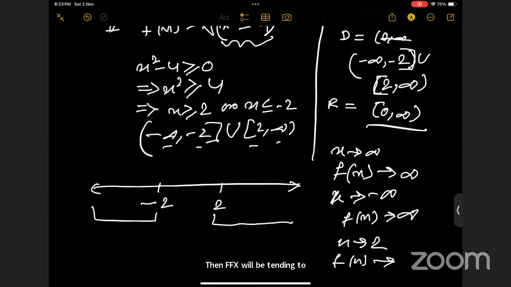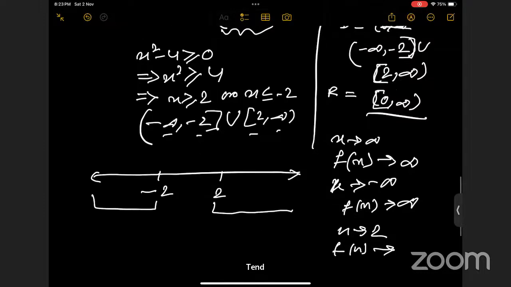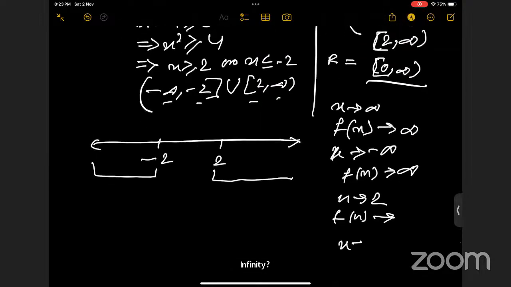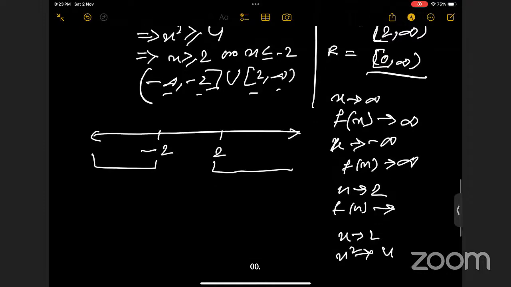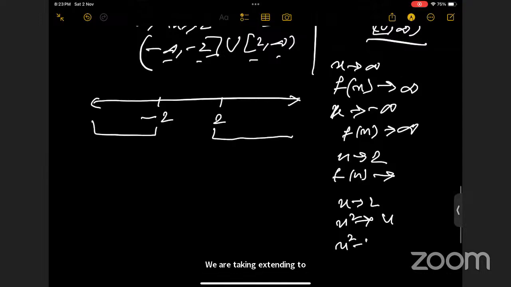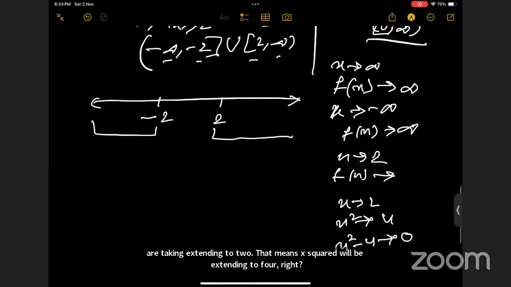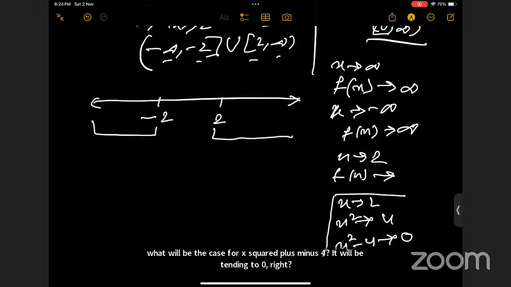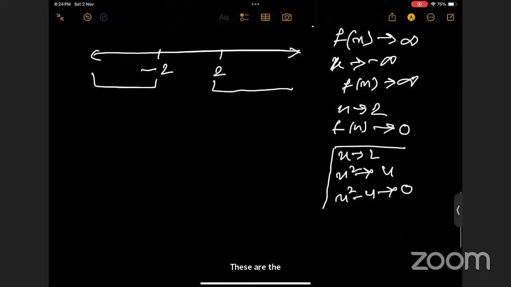You just have to follow simple steps. We are taking x tending to 2. That means x squared will be tending to 4, right? So what will be the case for x squared minus 4? It will be tending to 0, right? You have to follow these steps every time. So f of x will be tending to 0.